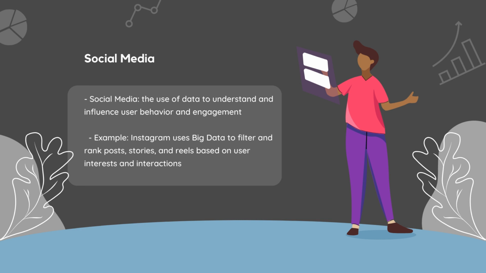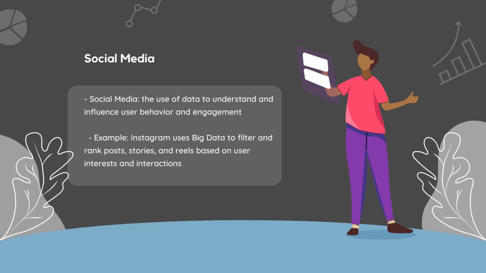Example: Instagram, one of the most popular social media platforms, uses big data to filter and rank posts, stories, and reels based on users' interests and interactions. Instagram collects and analyzes data from various sources such as likes, comments, follows, hashtags, and locations. Instagram then uses big data to create personalized feeds, explore pages, and suggestions for each user based on their preferences and behavior.